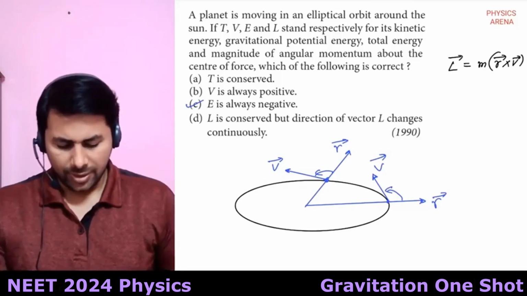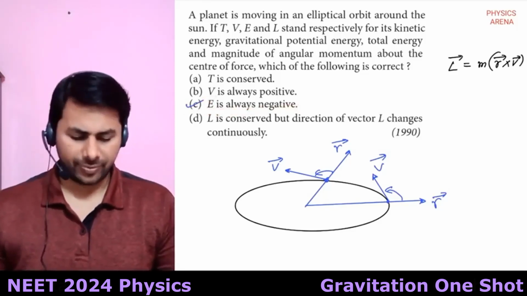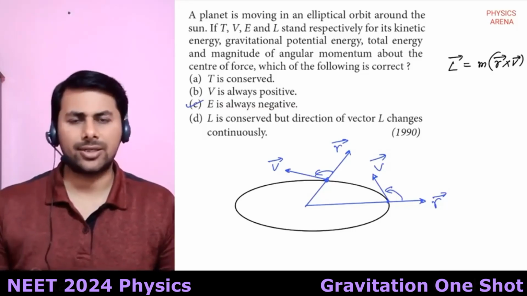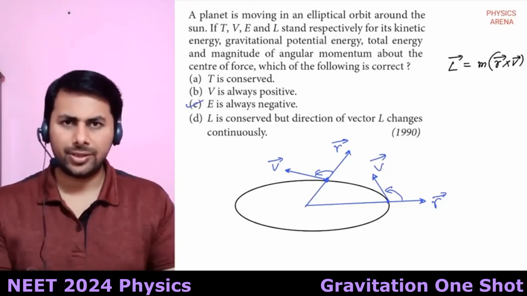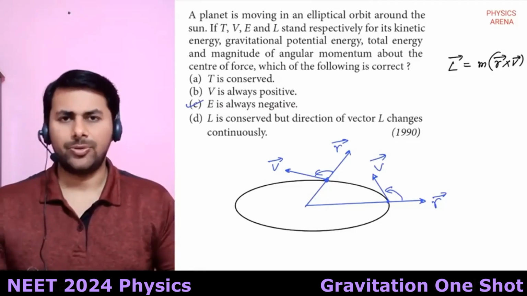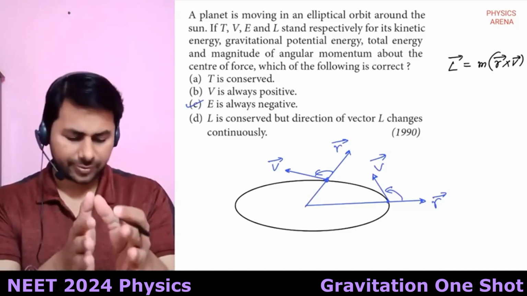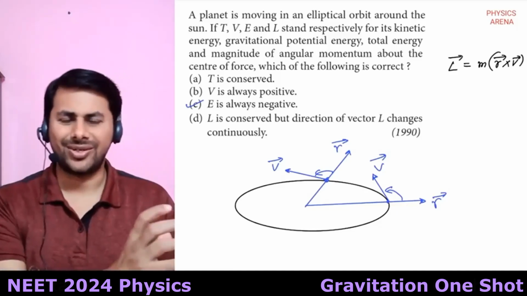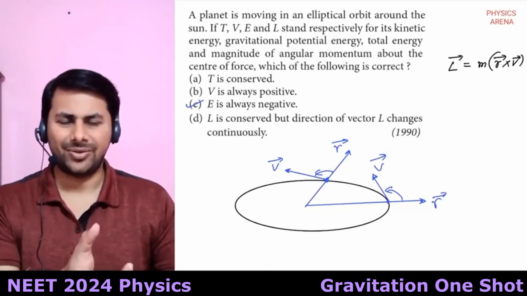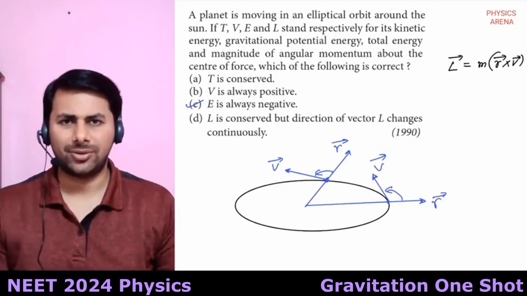Okay. So its answer is option C, that energy will be negative. This is true for any bound system. The total energy will be negative. Suppose Earth is revolving around Sun. If you want to remove it, to move it to infinity, then you will have to supply some energy, and at infinity the energy will be zero.